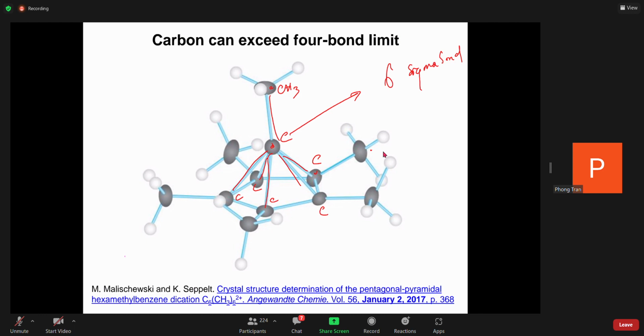So we are not saying that the textbook or bonding theory is wrong. We are saying that we have new experimental data, new experimental evidence, a new discovery to say that the bonding theory that we learned should be further developed. And then, of course, the development of new theories should come from you, the future generation of chemists. Okay?